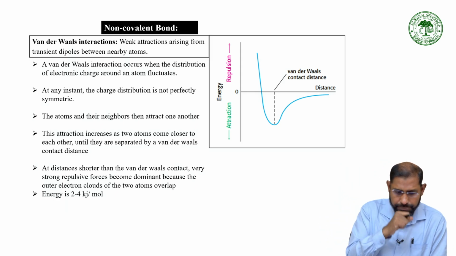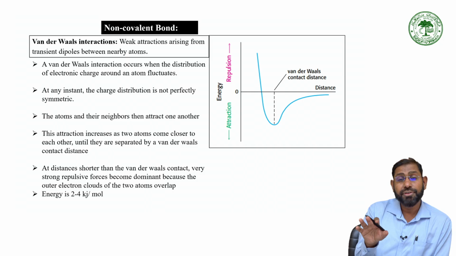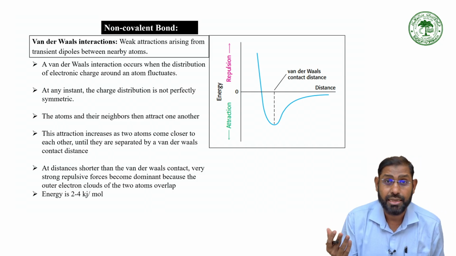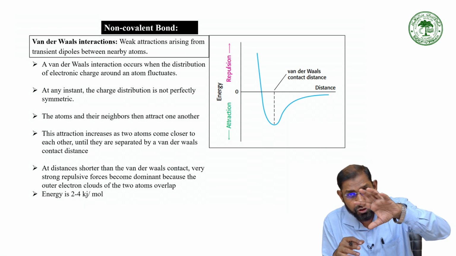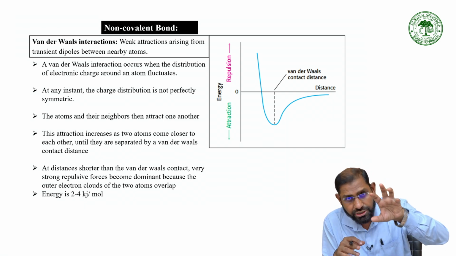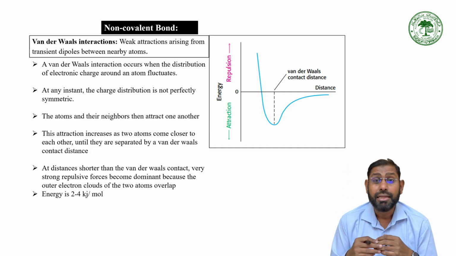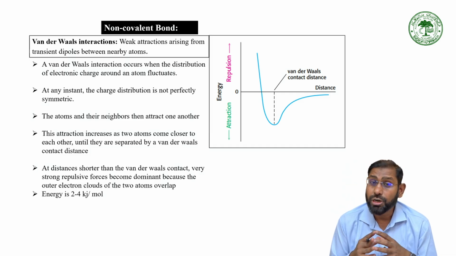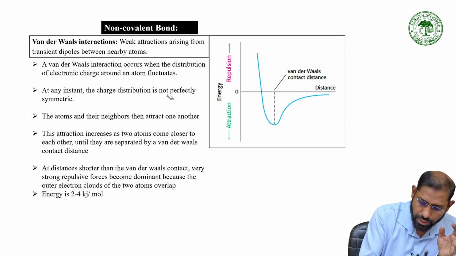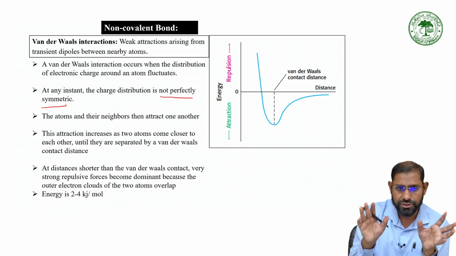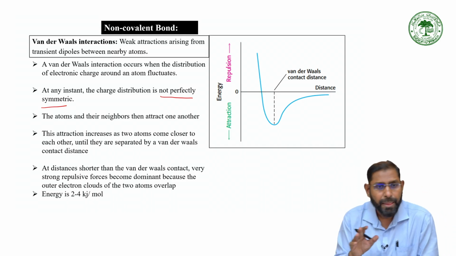Van der Waals interactions occur when the distribution of electric charge around an atom influences its neighbors. The charge distribution around the atom is not perfectly symmetrical at any moment.